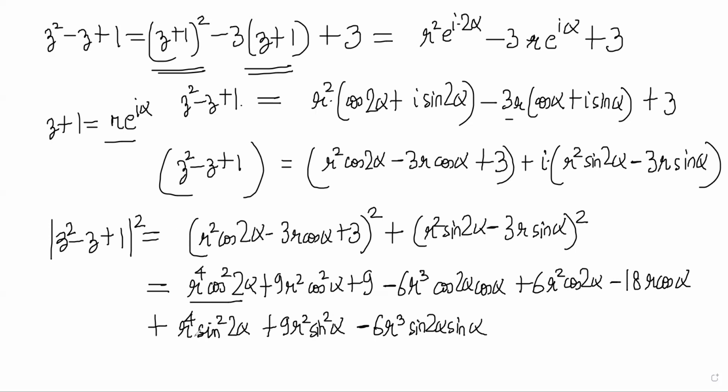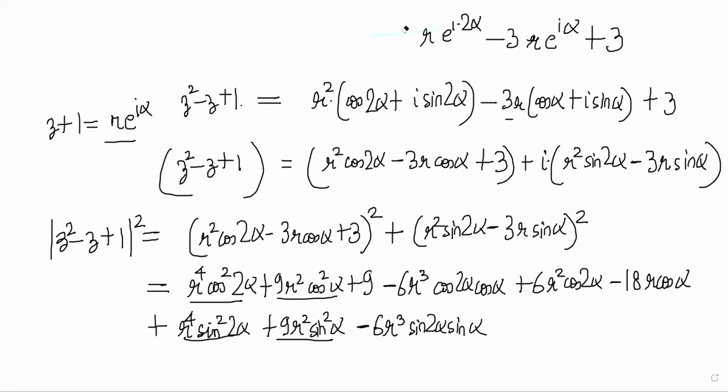Now notice that this and this add up to r power 4. This and this add up to 9r square. I'll just simplify it and write it on top here itself. So let's see what comes.